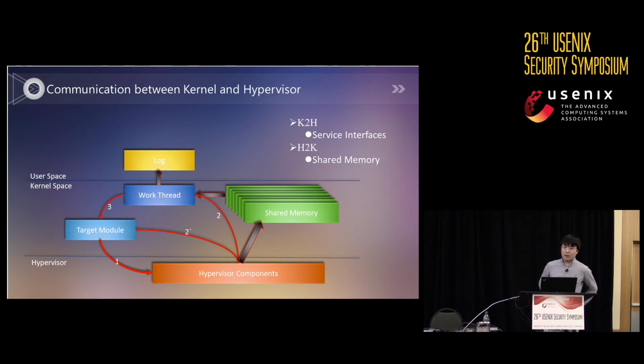The code will notify the work thread to read the data in the shared memory and write them into log files. If the shared memory is not full, it will jump back to the target module. Third, after notifying the work thread, the injected code will return to the target module and execute the following instructions.